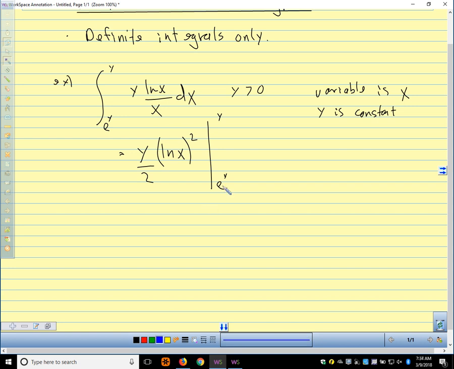I'm going to write in here x equals, because x is our variable, so x goes from e to the y to y.